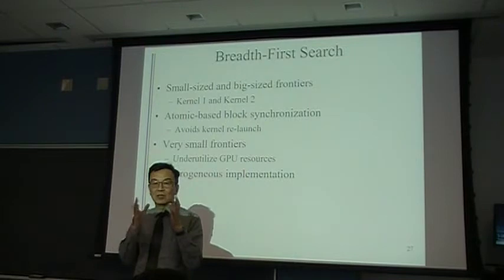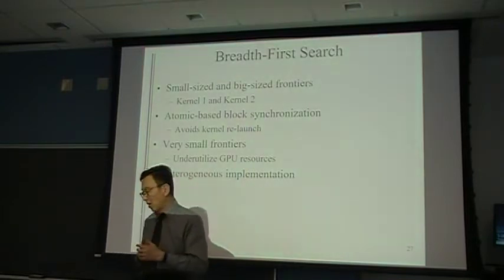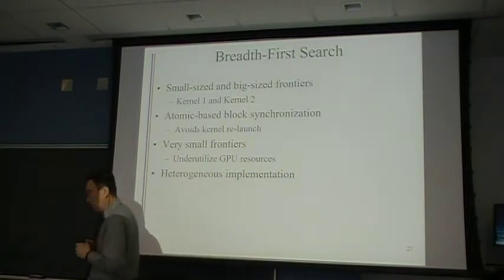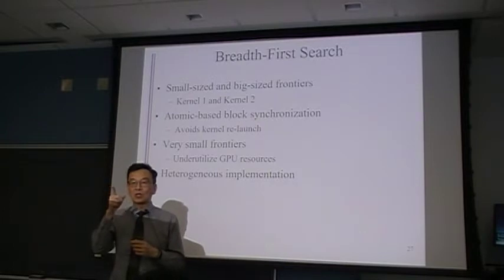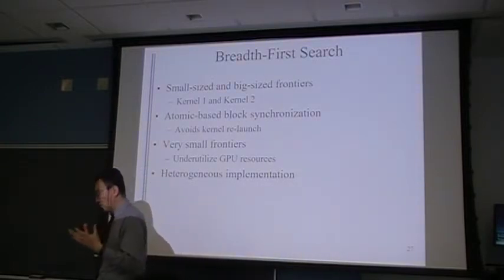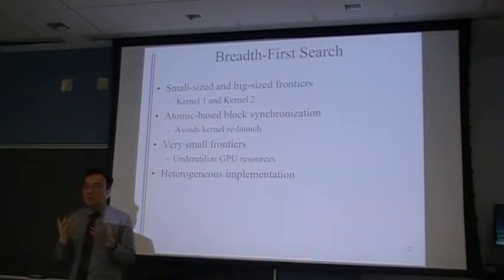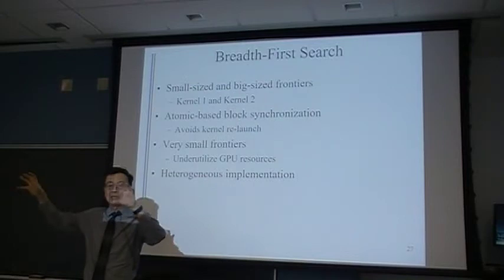The kernel is going to be running continuously, and there will be some kind of synchronization that emulates the effect of terminating the kernel and then relaunching the kernel. Remember, the way to terminate and relaunch the kernel matters because you have different thread blocks that are making progress independently.